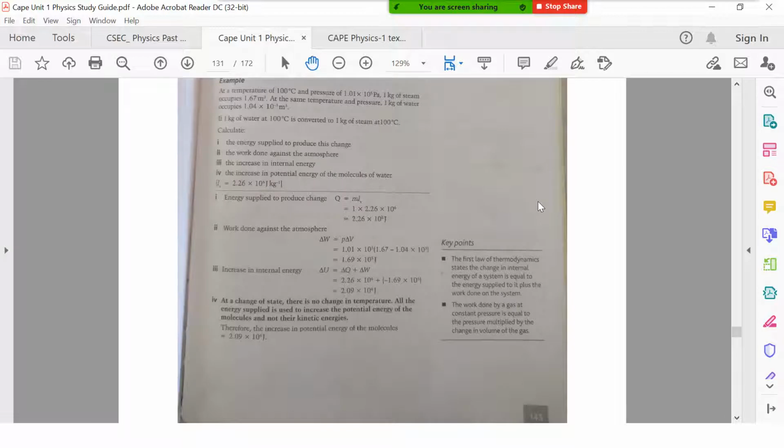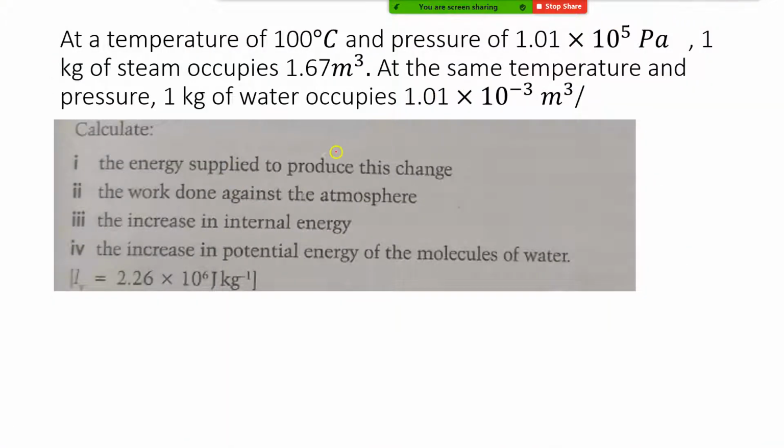All right. So in order for us to find that heat that is supplied to the system, because we're converting water to steam, let me see the question again, because I think I left out a little bit of information related to this question.